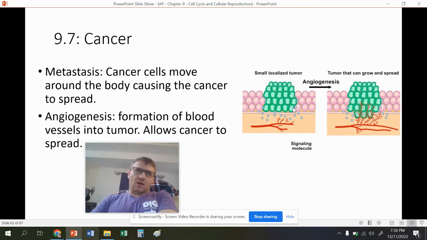Your cancer cells are 99.9% like your other cells, and your body can't tell the difference. So because of that, these cancer cells will actually trick your blood system into getting more blood supply to them. It almost tricks your blood system into giving them more nutrients to grow.